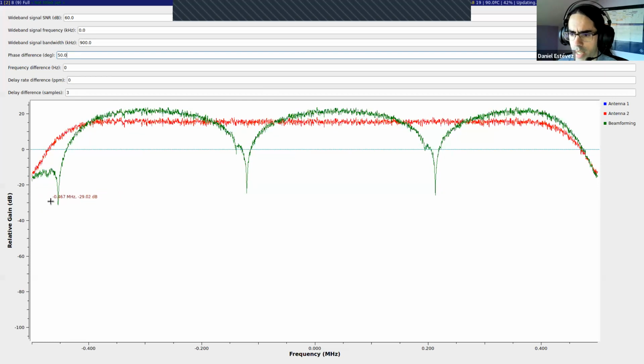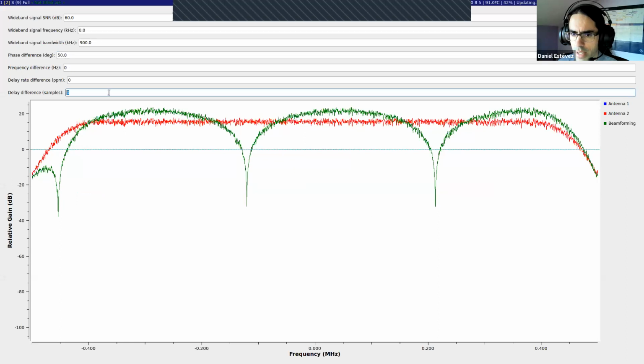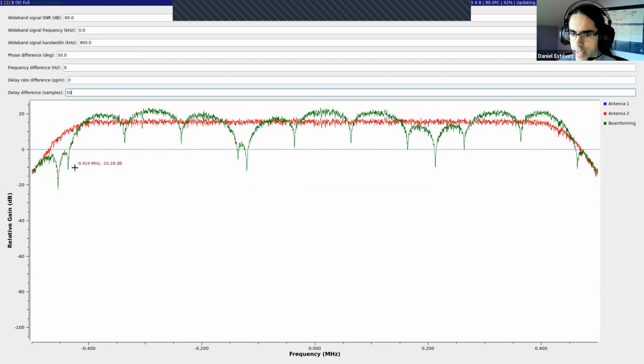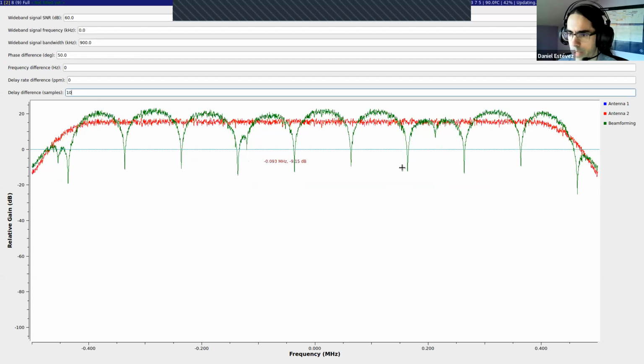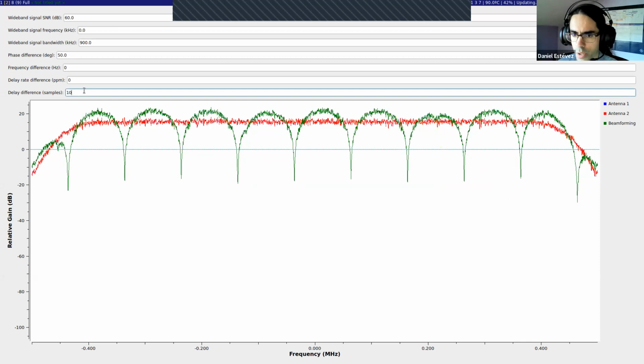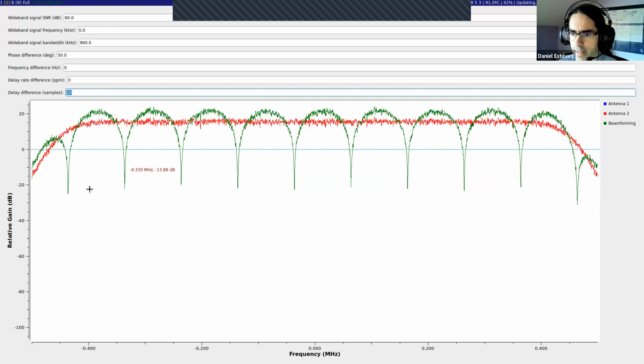But what you see happens in general. If you see 3 nulls across your spectrum, that means the delay difference is 3, and that's not special about 3. We can set 10, and then we get 10 nulls. I'm not going to count. So that's what a fixed delay that we do not correct for looks like.